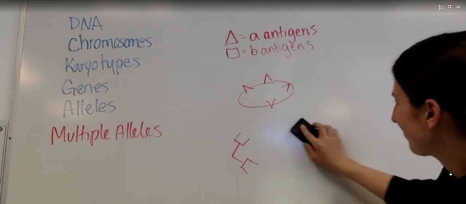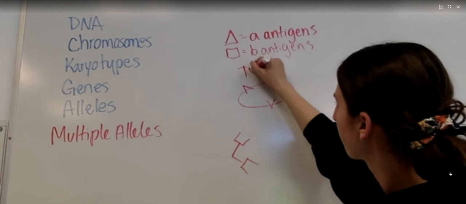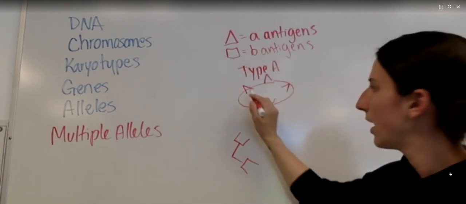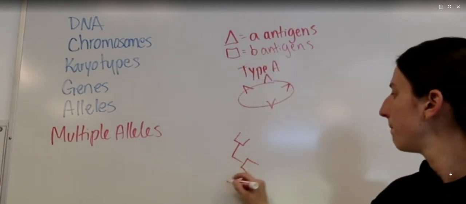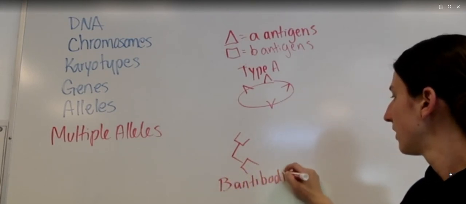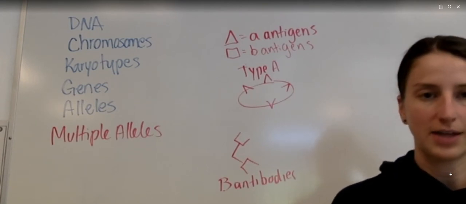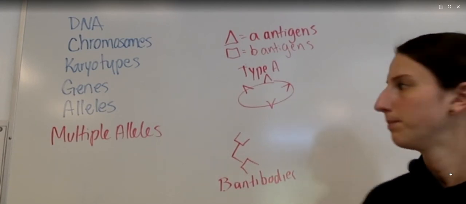All right. So if you are A-type, you're a person with type A blood, you've got A antigens, and you've got B antibodies in the blood plasma, which is just the liquid that your blood is transporting.